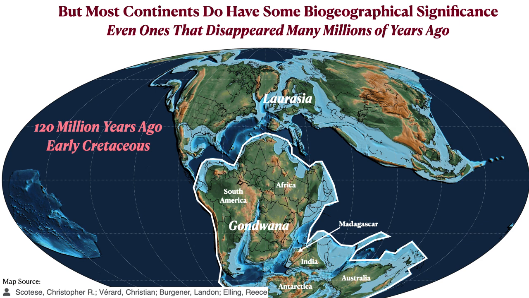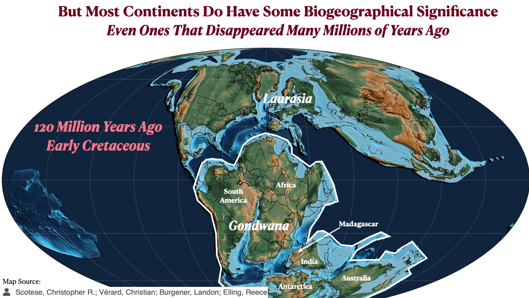So if we go back to the early Cretaceous, we're in the Mesozoic period of dinosaurs. As Pangaea broke up, for a while there was a situation where you had essentially a large northern continent of North America and Eurasia, and then a separate massive southern continent, or Gondwana, of South America, Africa, India, Madagascar, Antarctica, and Australia.